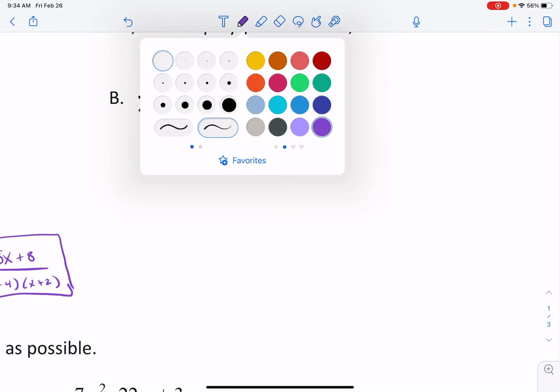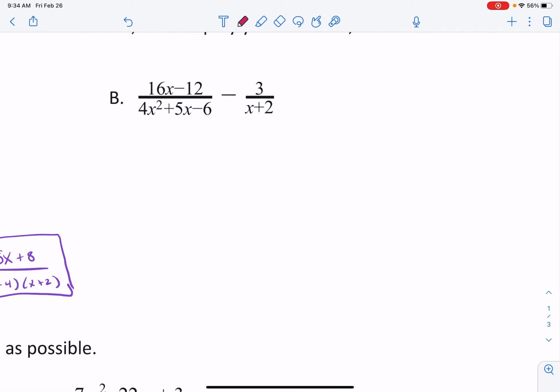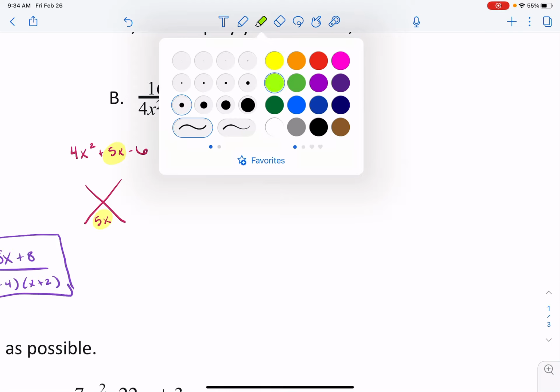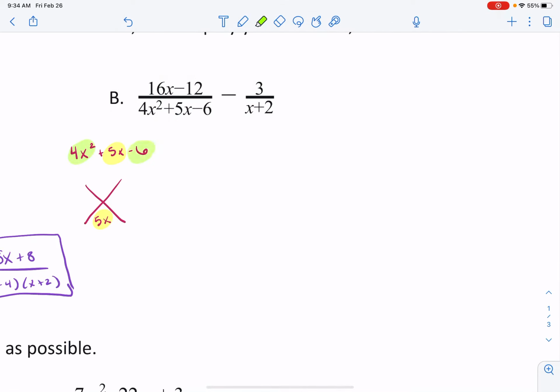So let's just make a side note over here. So we've got 4x squared plus 5x minus 6. So if I make my diamond, I'm going to take the 5x and put it here, our bx. And then I'll take our a and c, so our 4x squared and minus 6, and multiply those together and put those here.